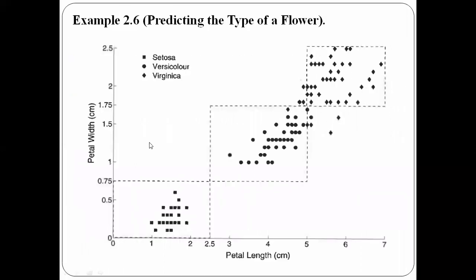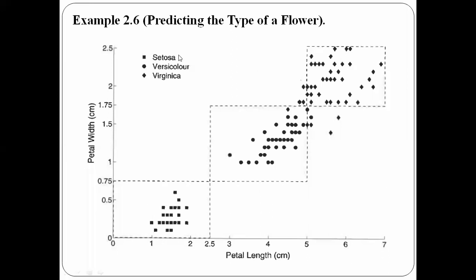Now I will give you one example of a prediction. In this example, we want to predict the species of a flower. The flower is the iris flower. You might have seen the iris flower in the garden. I want to predict the species of that iris flower, that is, to which category of flowers it belongs.